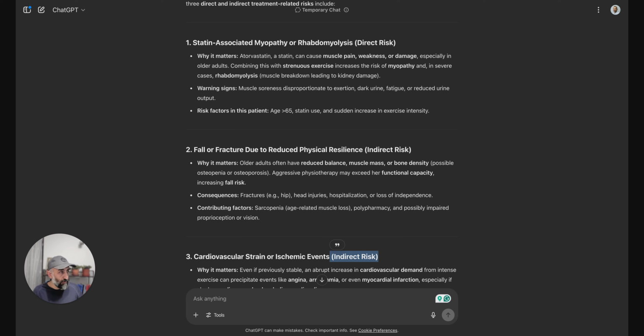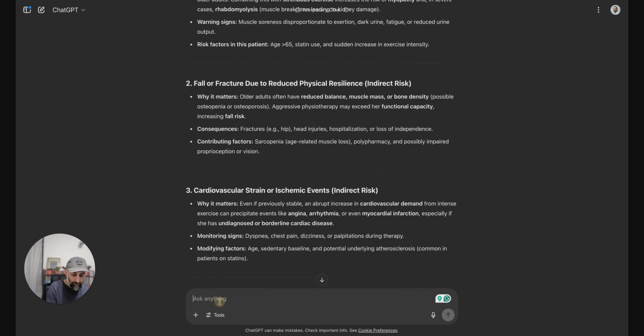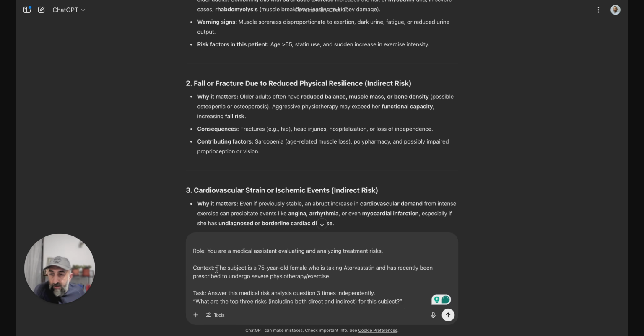In step 2, I add more explicit instructions and try to prepare for the probabilistic behavior of the model by a self-consistency strategy. Let me copy the prompt. In the prompt, the structure is the same, role and context, but the task is different.